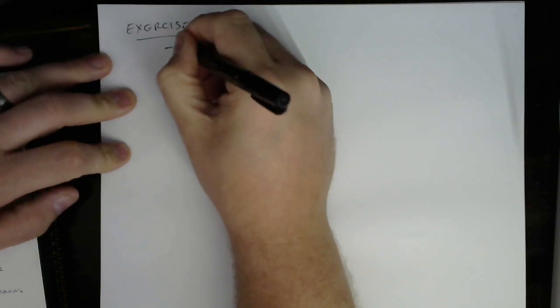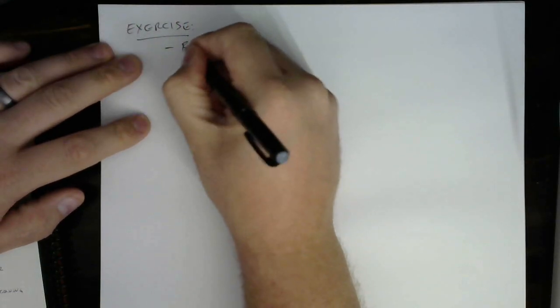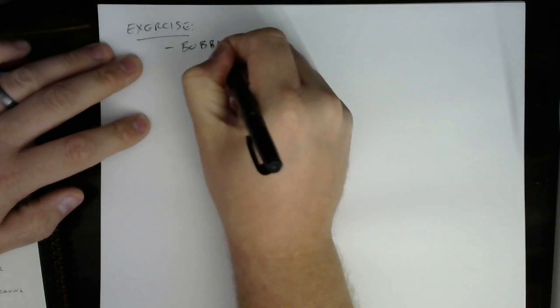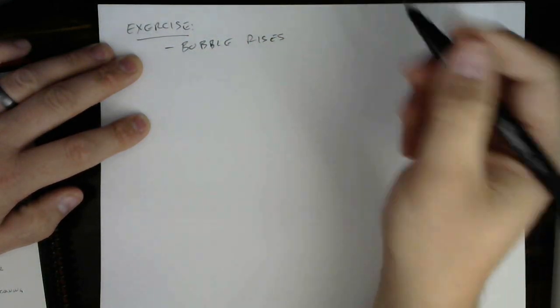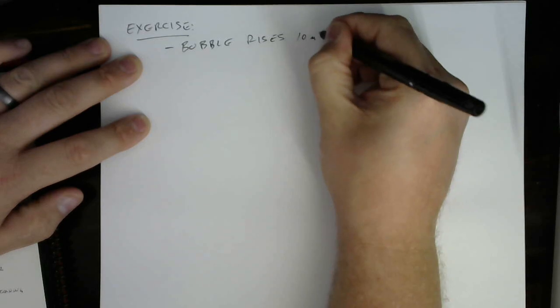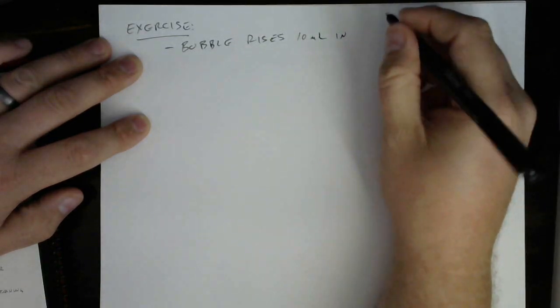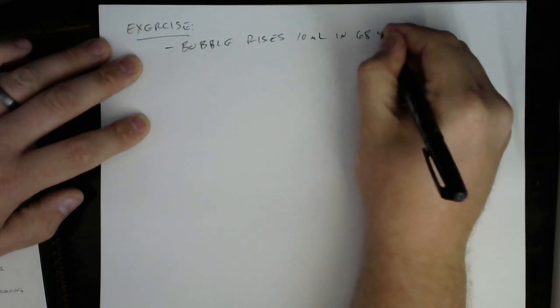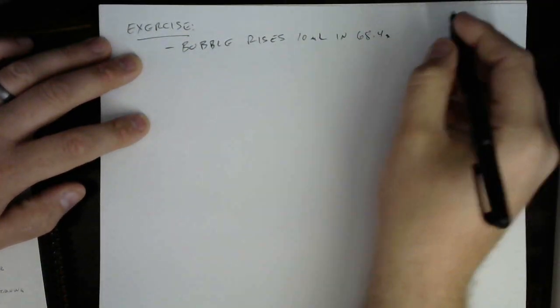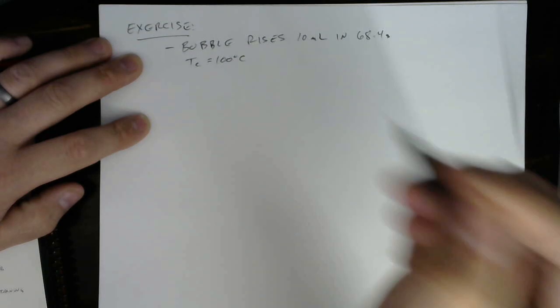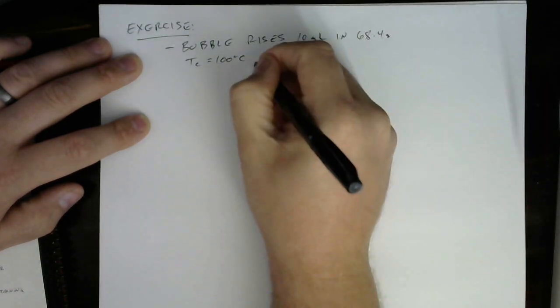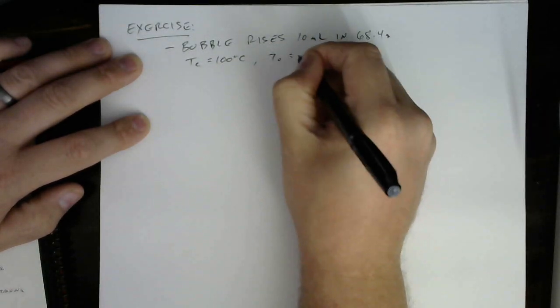Okay, so we're going to use a bubble meter like I just showed you, and we're going to see that the bubble rises 10 mils in 68.4 seconds. The temperature of the column is 100 degrees C. The temperature of the outlet is room temp.